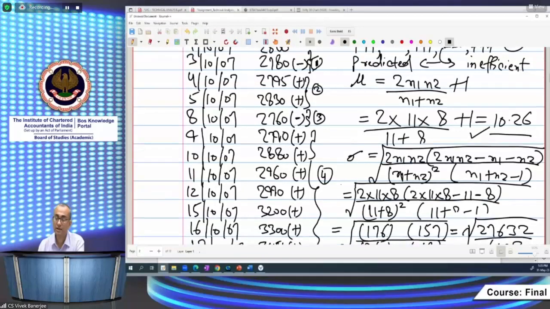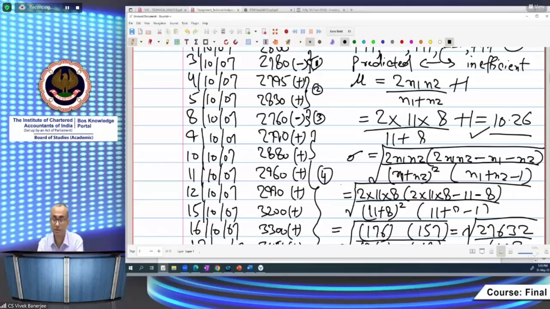Again, in order to have more clarity, the standard deviation is calculated, that is, what is the deviation from the figure of the average. The standard deviation is calculated by the formula: under root of 2n1n2 multiplied by (2n1n2 minus n1 minus n2), divided by (n1 plus n2) square multiplied by (n1 plus n2 minus 1).